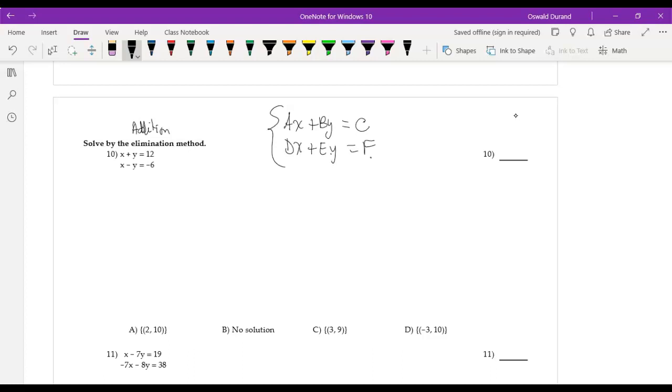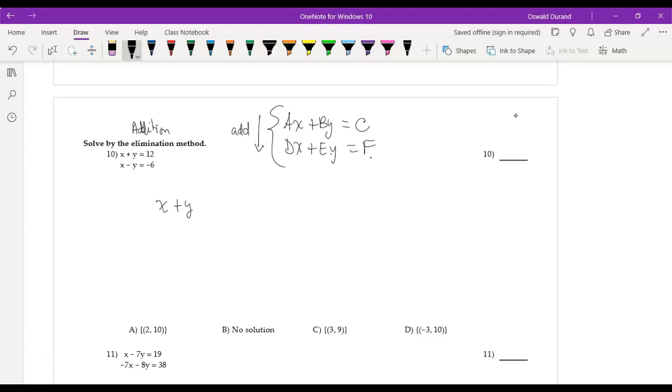All right, so what you want to do for the elimination method is to add the two equations vertically. But what's the purpose? In order to cancel out or eliminate one of the variables.